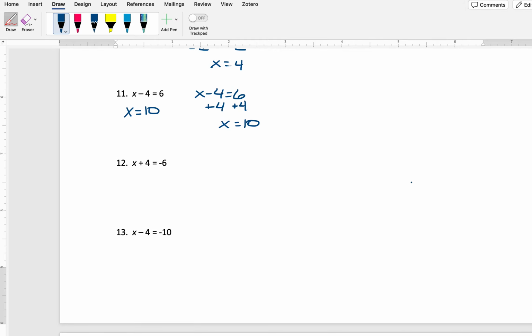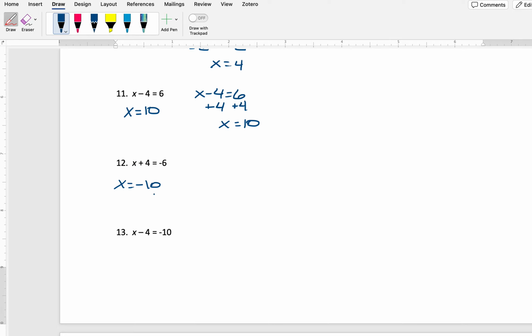Looking at number 12, this one is x plus 4 equals negative 6. So what number, when I add 4 to it, is going to equal negative 6? Well, I have to be even more negative if I'm adding 4 and still getting a negative number. x would have to be negative 10. For negative numbers, adding and subtracting, sometimes it's helpful to think of temperature scales.